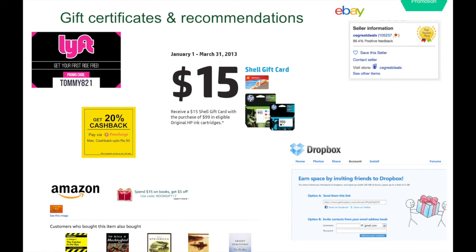Then we have ideas in the middle. We have ideas that are a little bit unrelated, I would say. So if you buy HP cartridges for your printer, you get a gift card from Shell.